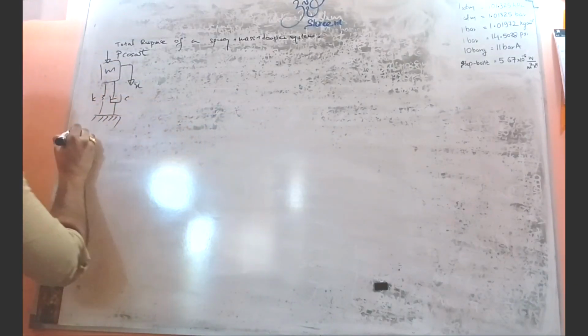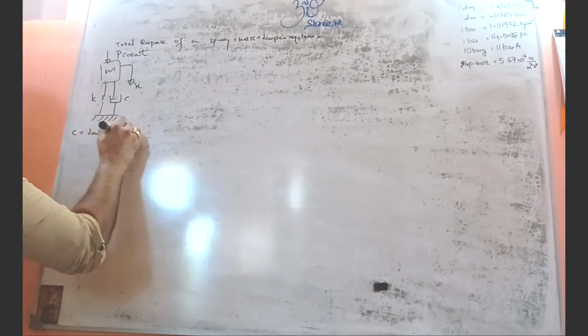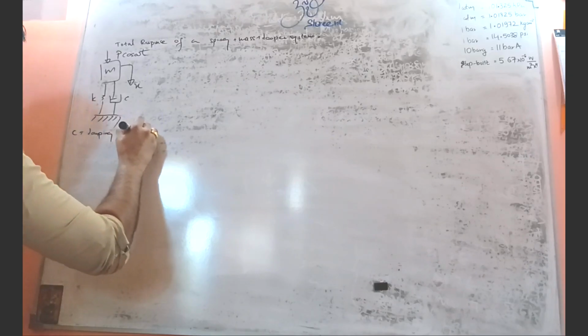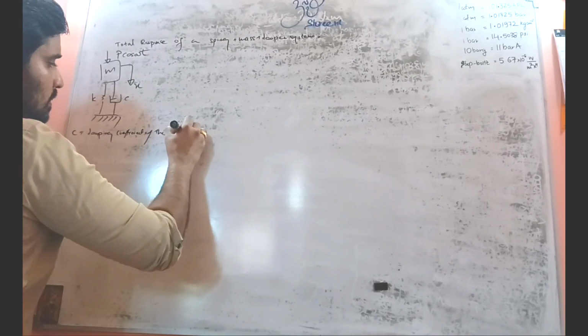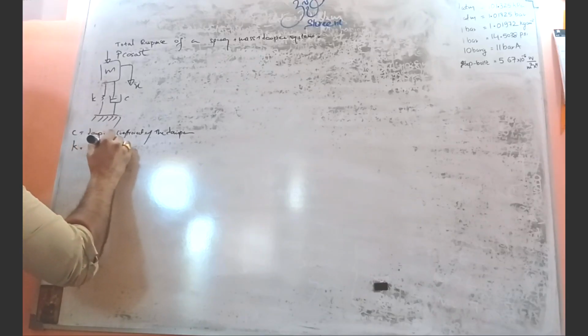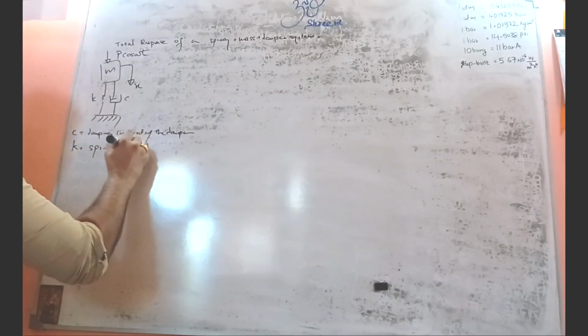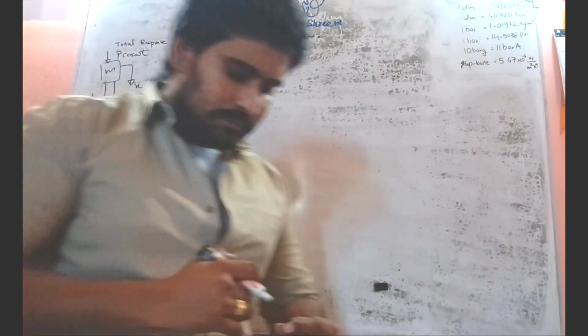So we have C, the damping coefficient of the damper, and this is the spring constant. Fine.